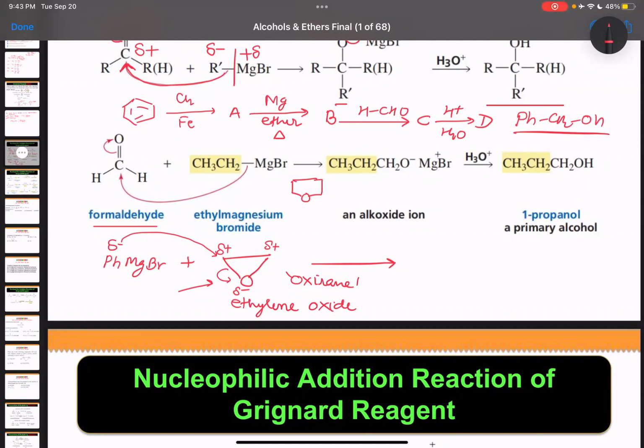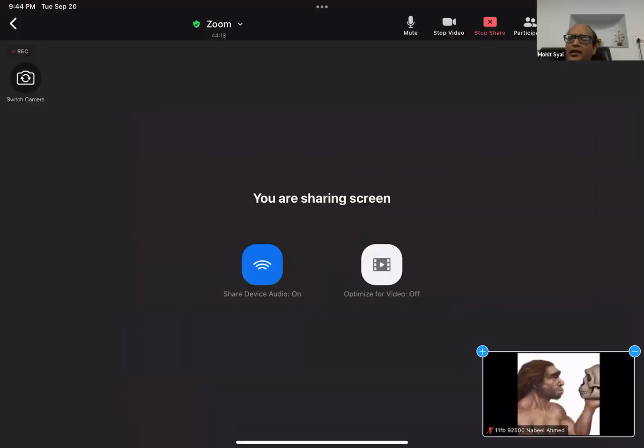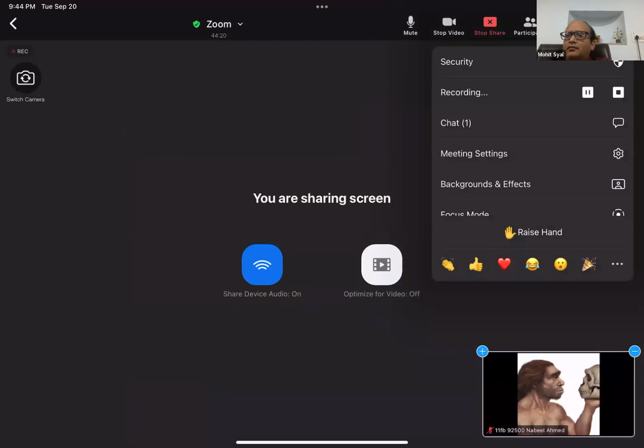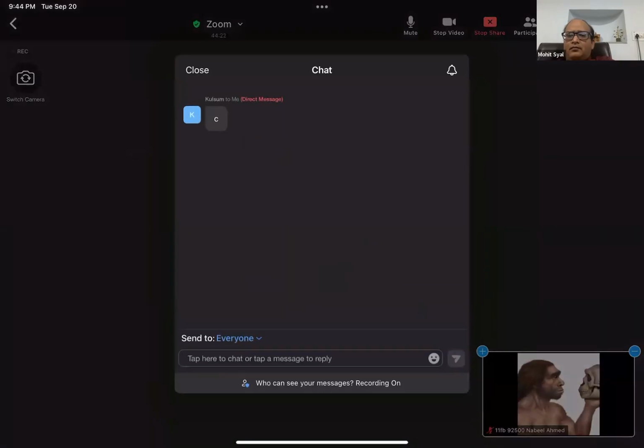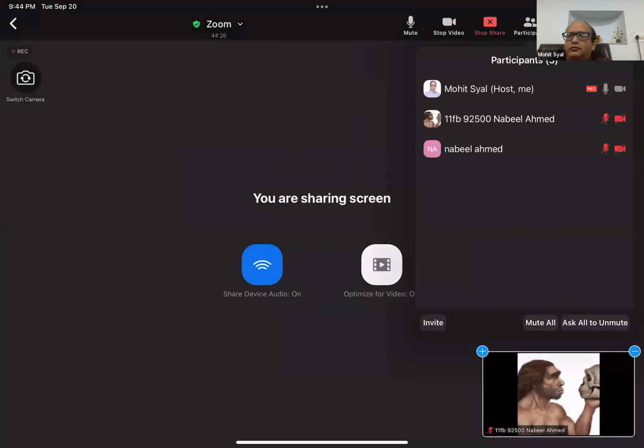But in this case, I am taking ether not as a solvent but as a reactant. Means the ether is actually reacting with the Grignard. So what is the root cause for the reaction of this ether?